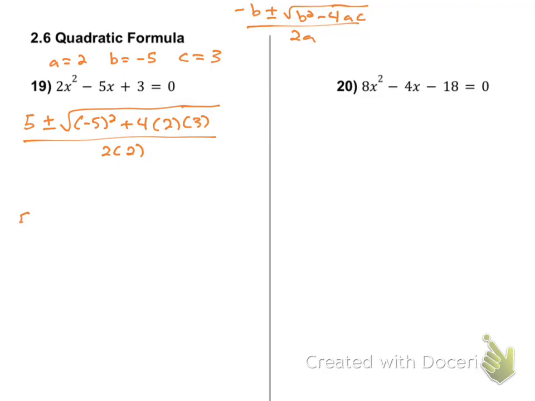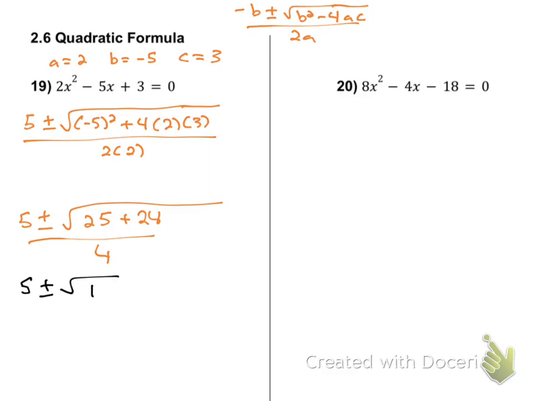So that'll be 5 plus or minus the square root of 25 plus 24 over 4, which should be 5 plus or minus the square root of 49 over 4, should be 5 plus or minus 7 over 4.